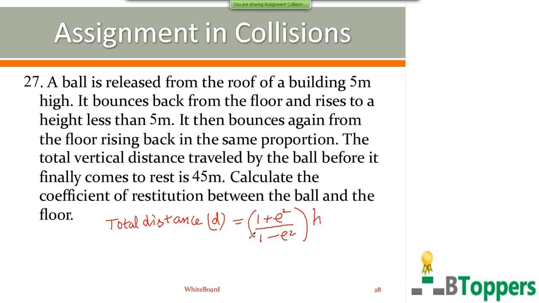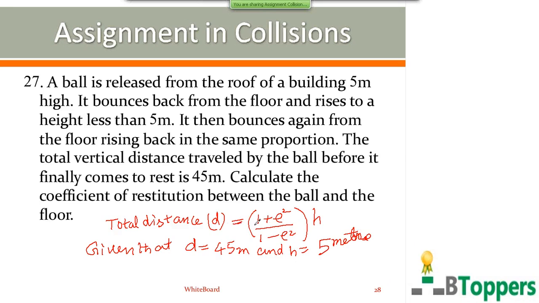So here you can write the total distance covered is given to be 45 meters. And h is given to be 5 meters. I don't want to repeat the derivation which I have done in a separate class. I have already explained the calculation for this conclusion.